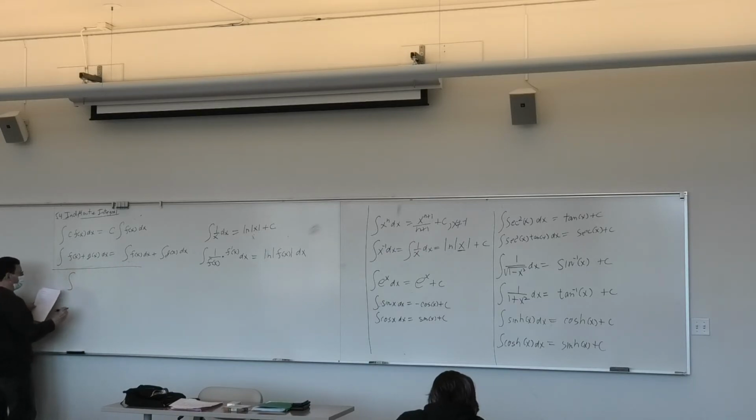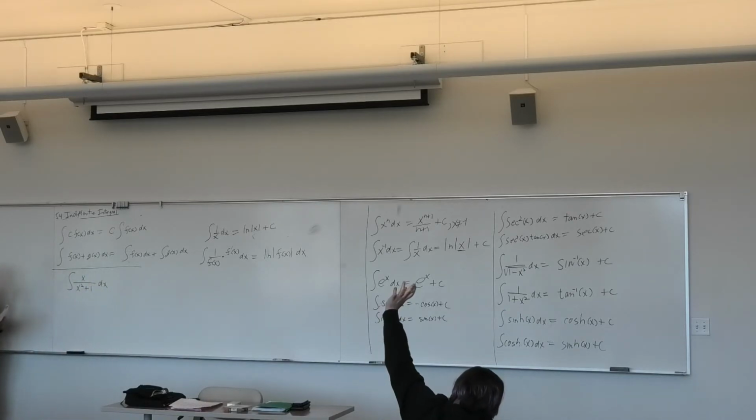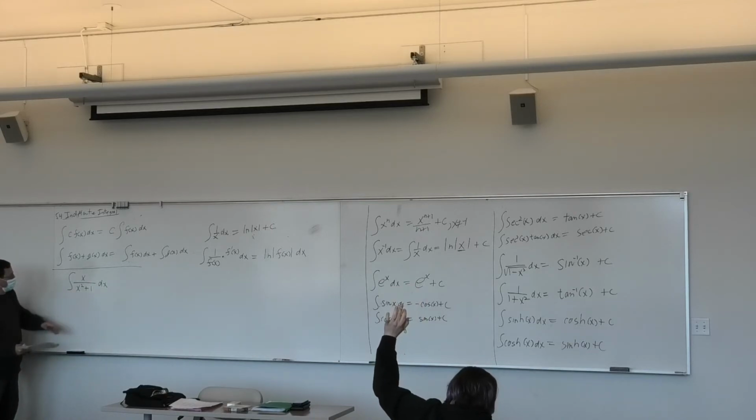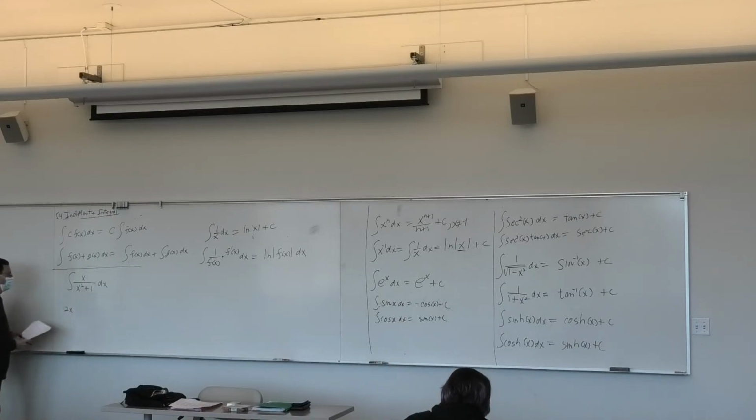What if we wanted to find the indefinite integral of x over x squared plus 1? Well, we look at the denominator and ask, what's the derivative of x squared plus 1? It's 2x. That's not what we have in the numerator, but that's pretty easy to fix.